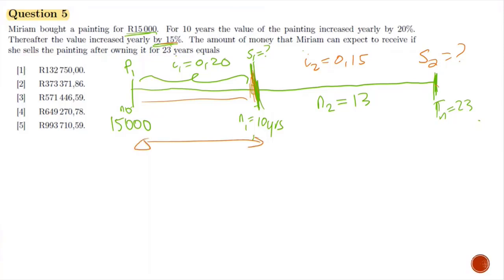For this period, your accumulated amount is equal to... Is this a compound interest question or a simple interest question?